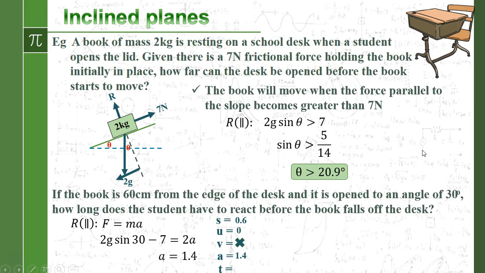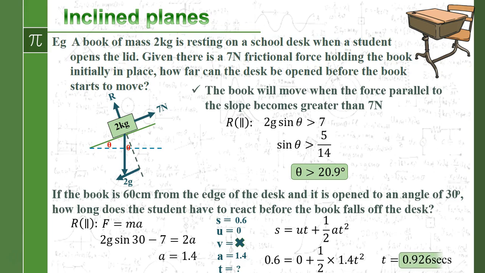A we know is accelerating. And T is the thing we're trying to find, how long it's going to take before it falls off the edge of the desk. Right, so S equals UT plus half AT squared. That's the thing that's going to allow us to find T. Plug in the values, and so we end up with T equals 0.926 seconds. So we've got that long to react before the book falls off the desk.